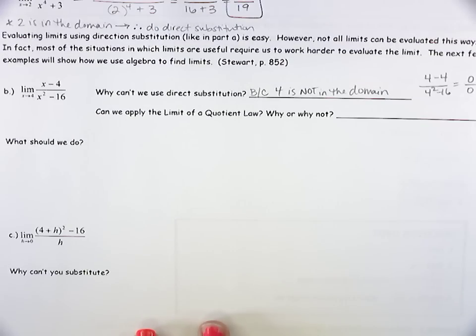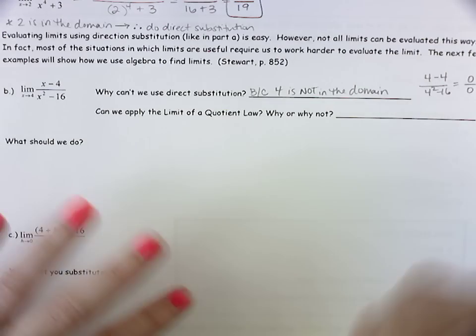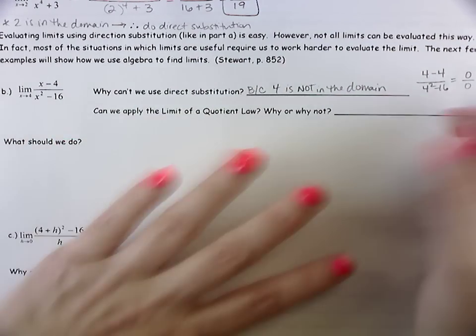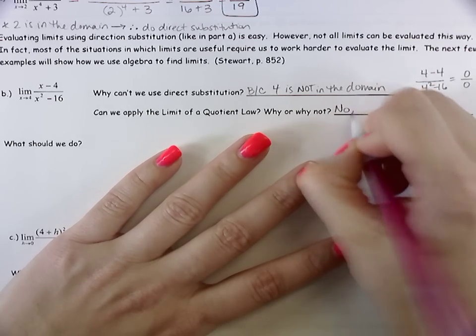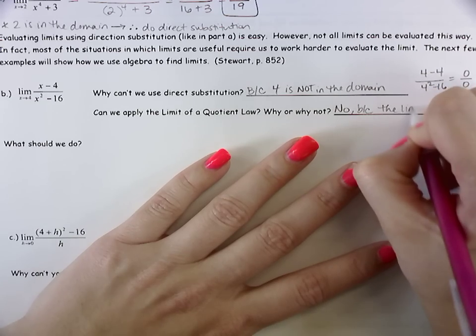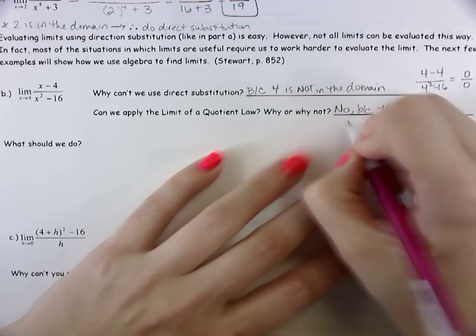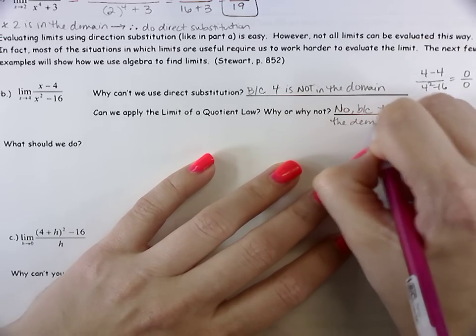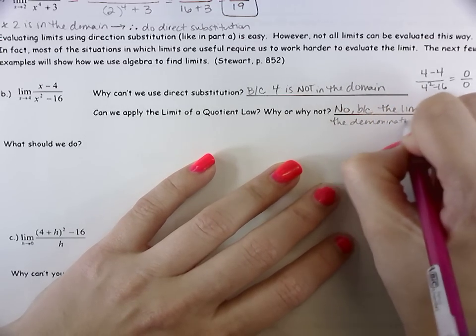Then the next thing I asked you is, can we apply the limit of a quotient law? Why or why not? Okay, Jonathan, what do you think? I said no, because we would still get 0 over 0. Okay, so you can't apply the quotient law, and that's because the limit of the denominator is 0.